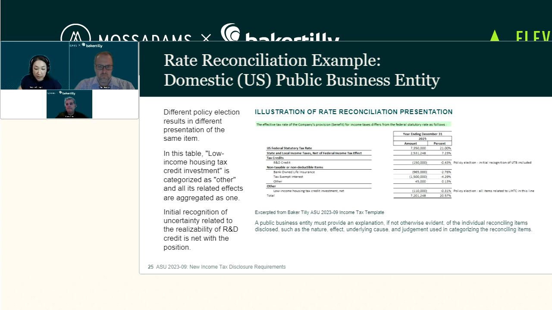Under this specific example, you're probably going to have to disclose the gross tax benefit, as well as the amortization amount somewhere else under different guidance as well. So, as you're walking through the modeling and thinking about how you want to present certain items, really think about what additional disclosure you're going to have to make on top of just putting together the rate reconciliation.